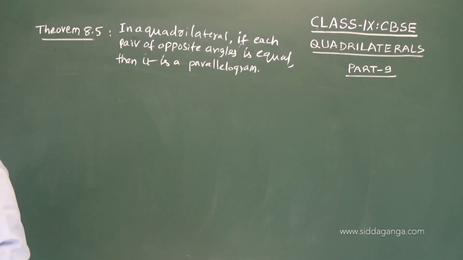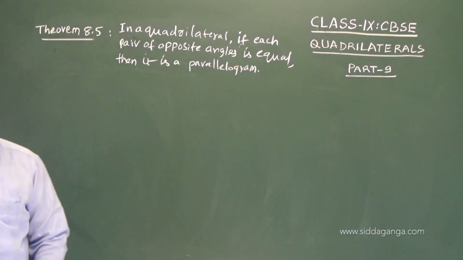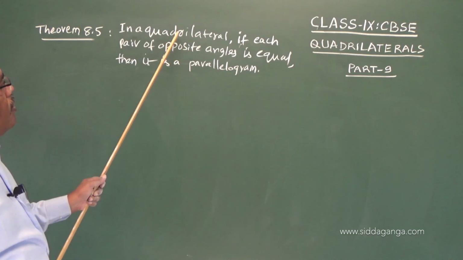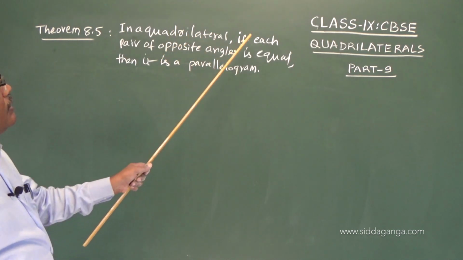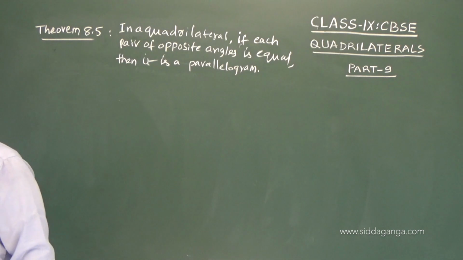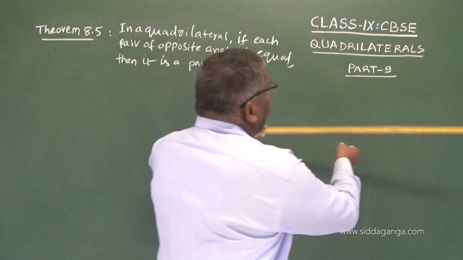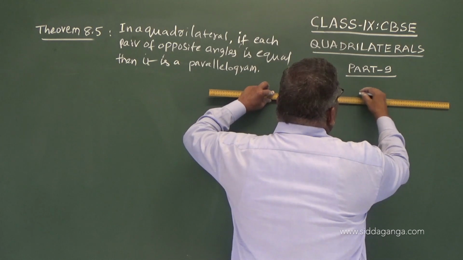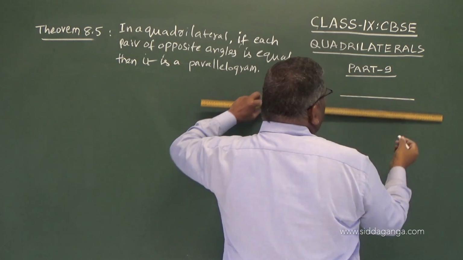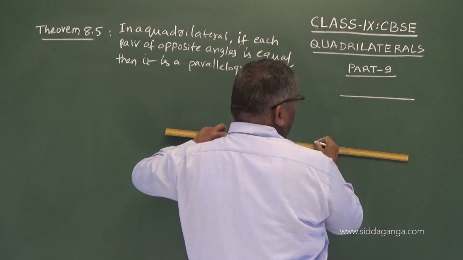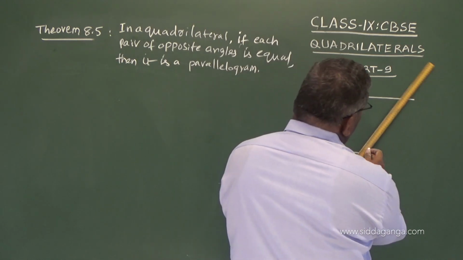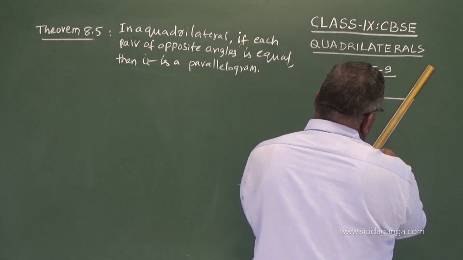So now a diagram is given. We do not know whether it is a parallelogram or not. A quadrilateral is given with a condition that each pair of opposite angles is equal. So we will get almost a similar figure. This is a quadrilateral in which opposite angles are equal.